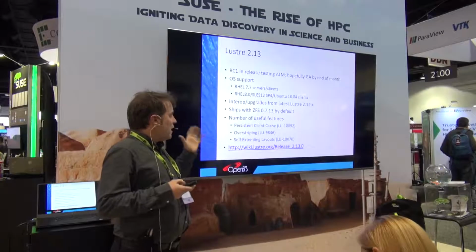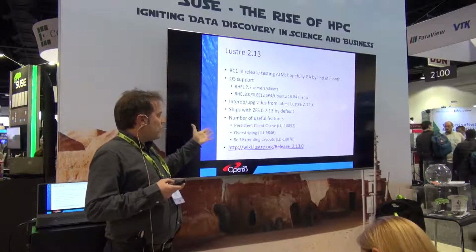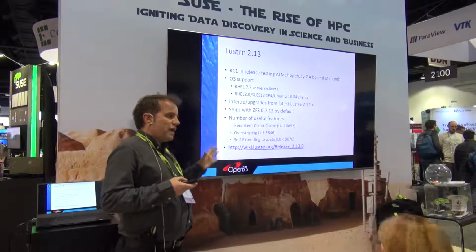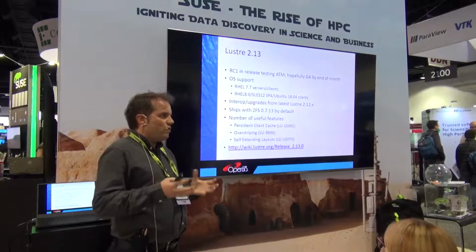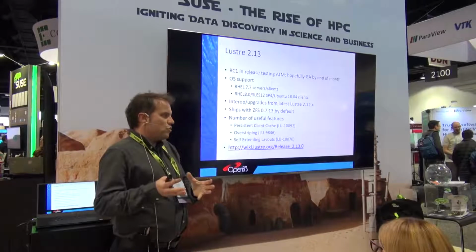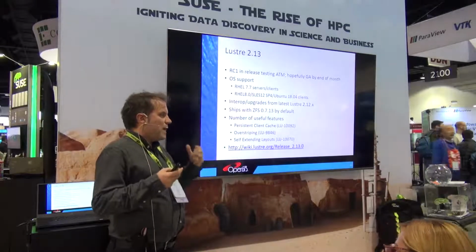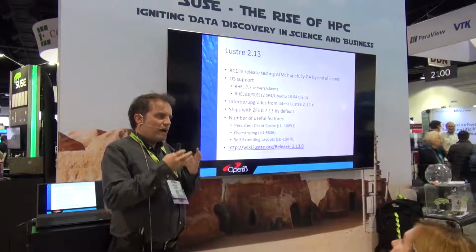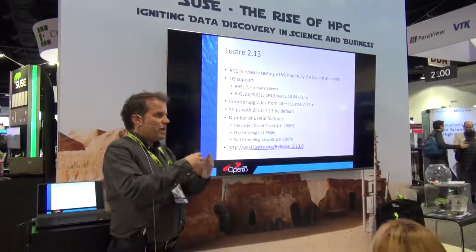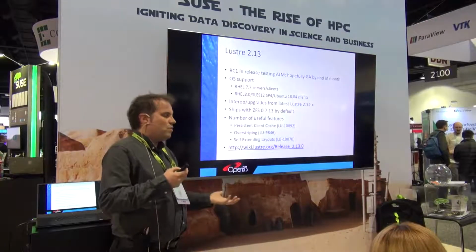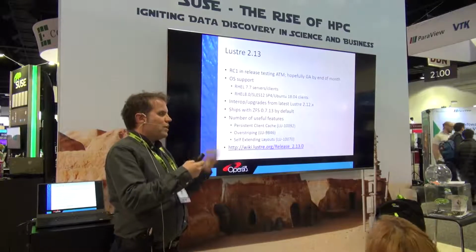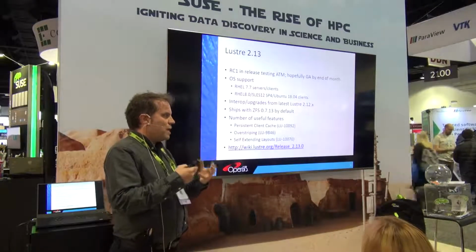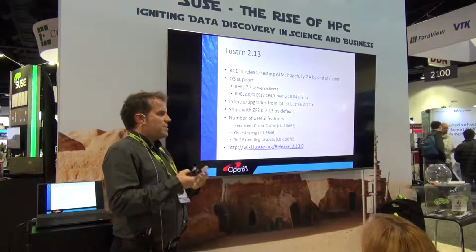Probably the most standout feature on this release is the persistent client cache. This is a capability where you can take advantage of fast local storage on your clients. If you have a workload where things are very segregated, maybe an AI workload or genomics workload, you're doing a lot of repeated reads of the same group of small files that other clients are not accessing at that time.